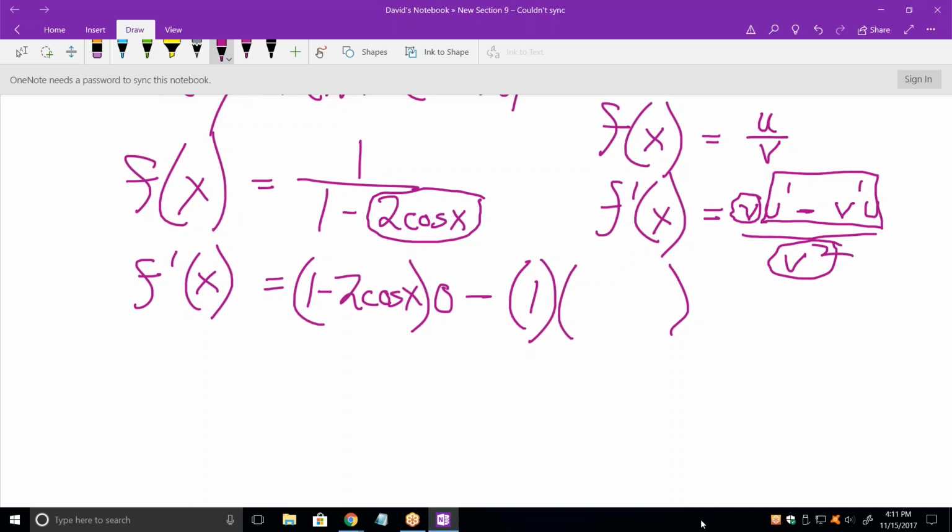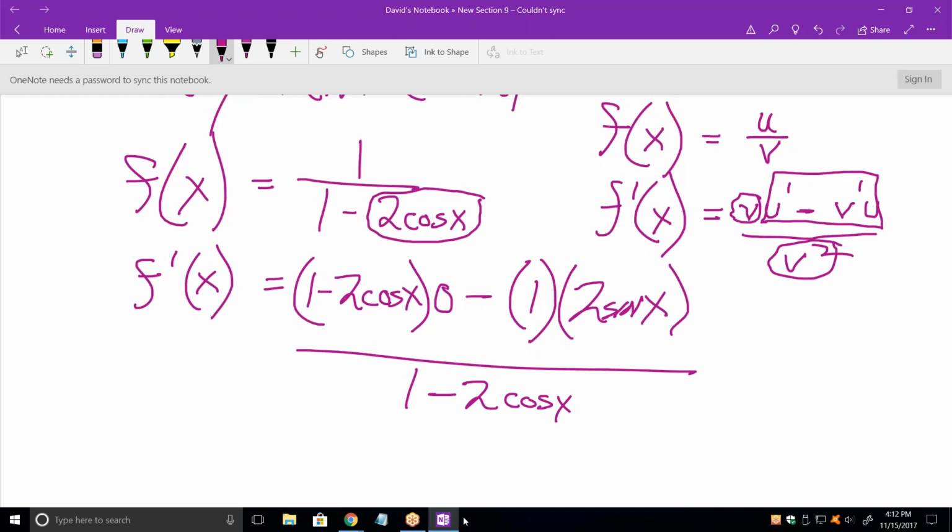So the negatives cancel out and you end up with 2 sine of x. Because when I take the derivative of that, I get negative 2 sine of x. So I have 1 minus a minus, which turns into a plus. All over 1 minus 2 cosine x squared.